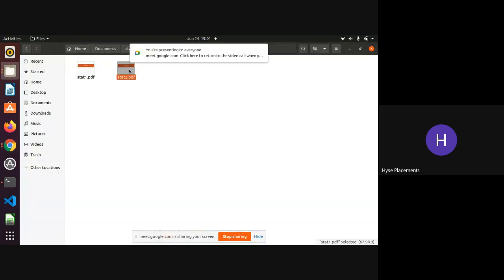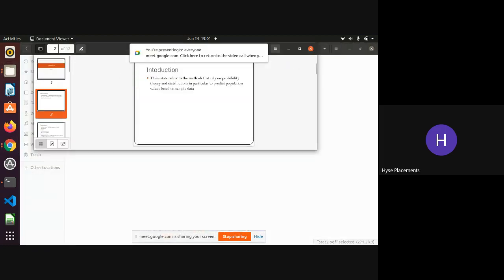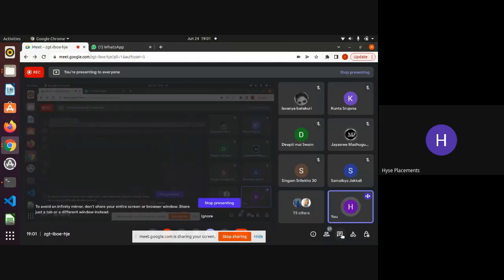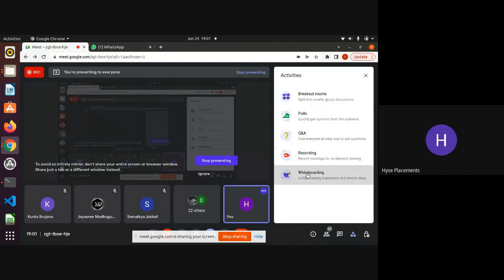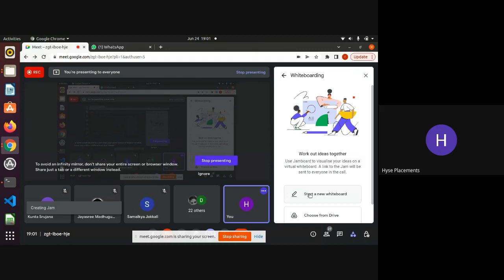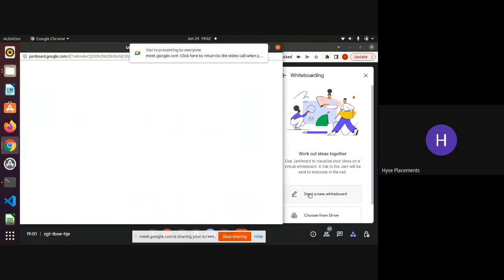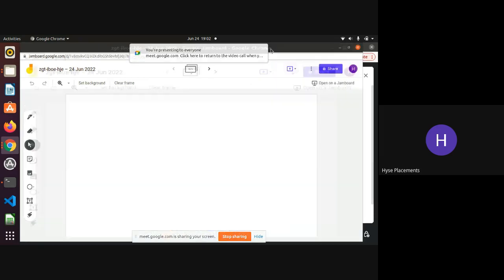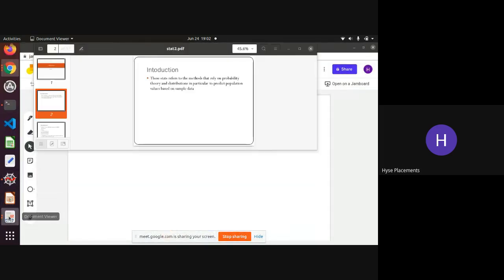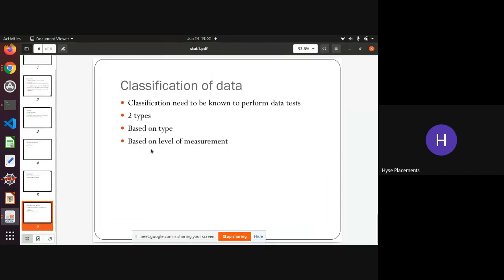Okay, let me check. Okay, so let us start with based on type. So based on type and based on level of measurement. First we'll start with based on type.